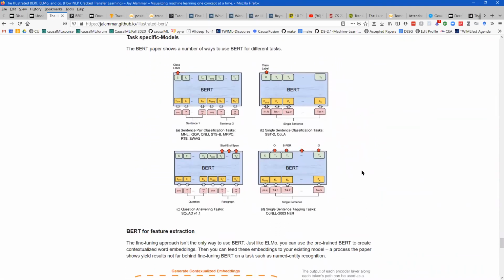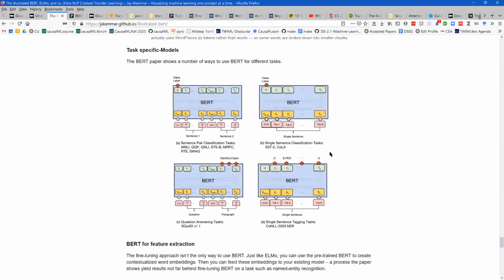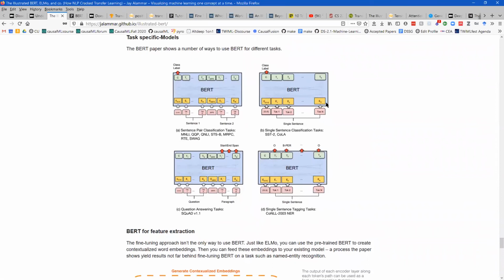And then, I didn't read the last part of the paper very closely, but once they've done this pre-trained model, they show how to use it for other different tasks. This is a schematic of four of those different tasks. One is sentence pair classification, and then they list all of these abbreviations for the tasks in the literature, which is helpful because you can see all of these in the tables in the paper, but now this makes it clear.